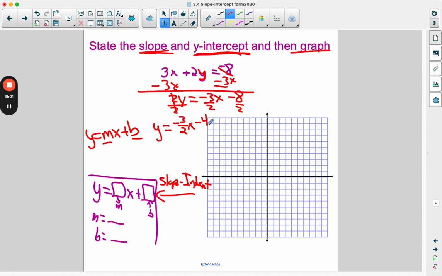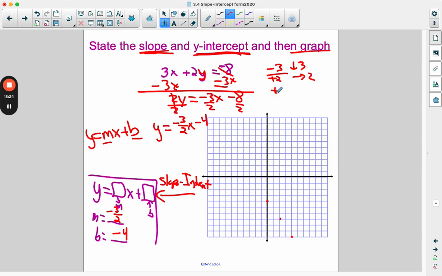So now that I have that equation, I know that my y-intercept is negative 4 and my slope is negative 3/2. So I start at negative 4. And a slope again of negative 3/2 means I go down 3, right 2. So down 3, right 2, down 3, right 2.